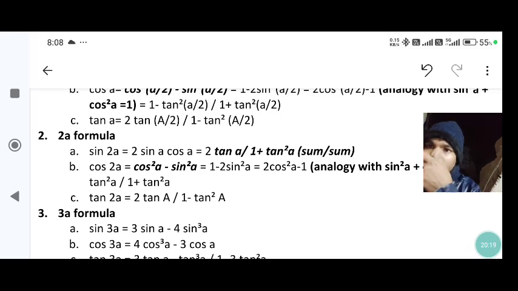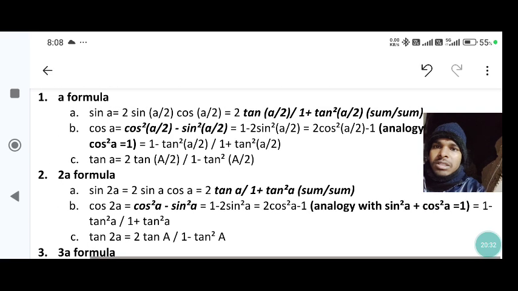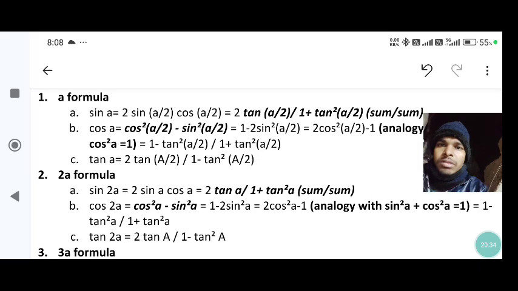If it is 1 minus 2 sin square A, or 2 cos square A minus 1, then also the angle will be twice and cos will be cos. It holds an analogy with sin square A plus cos square A equal to 1.